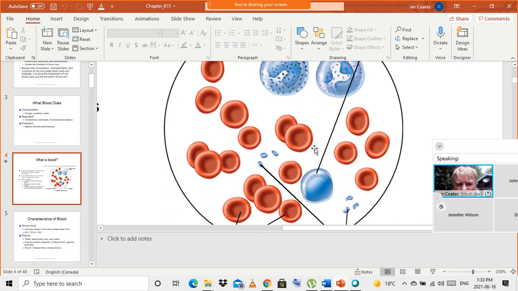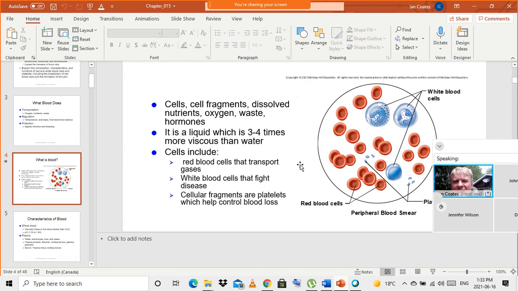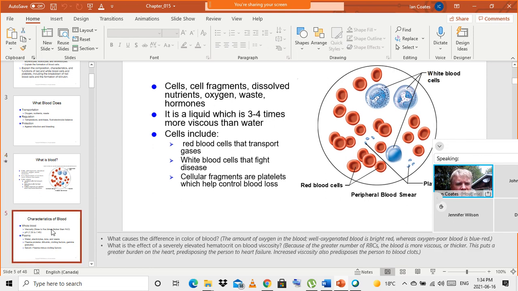Blood is a whole bunch of different things: the cells, cell fragments, dissolved nutrients, oxygen, waste, hormones. It's just a complete cocktail of stuff. It is a liquid which is 3 times more viscous, thicker than water. RBCs, white BCs, cellular fragments, platelets. Lots going on here.